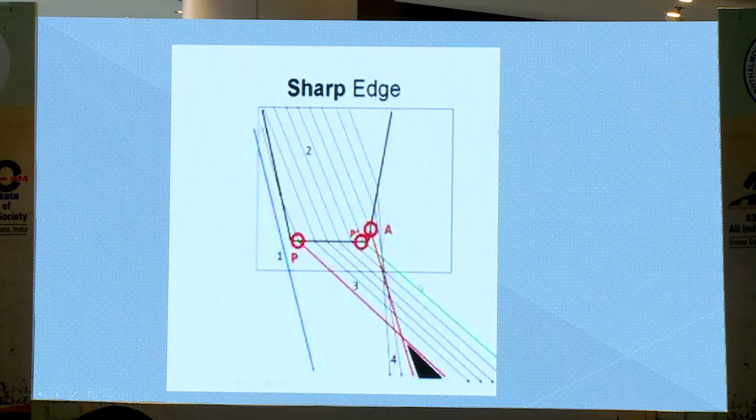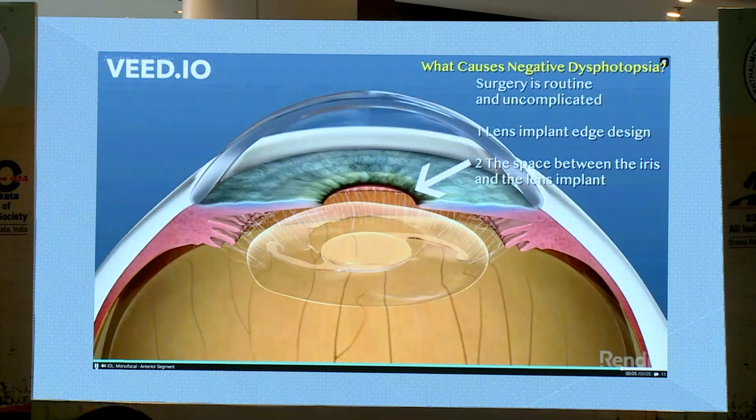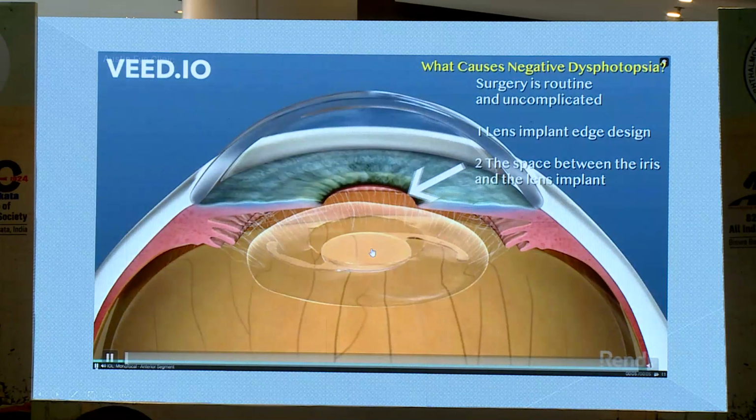So this is an edge penumbra wherein there is some refraction happening, some reflection happening. So there, like an eclipse, you are seeing the dark area. Again, with round edge lenses, this penumbra is thought to be less, but then this negative dysphotopsia persists. That's why Holladay came up with his theory about the position of the lens. So here this arrow is showing how the internal reflection occurs, and therefore there is a penumbra there.